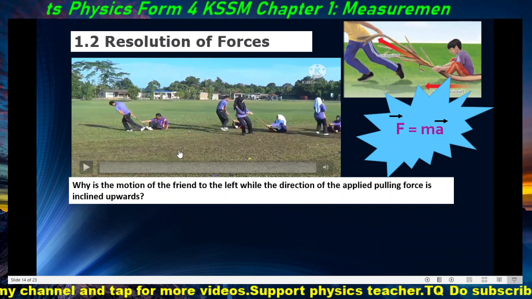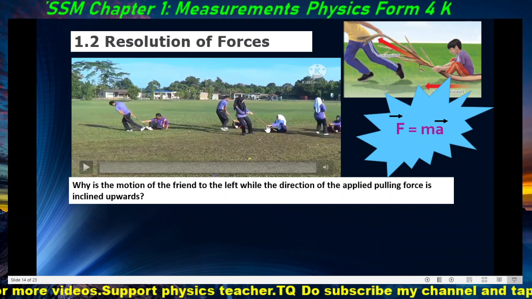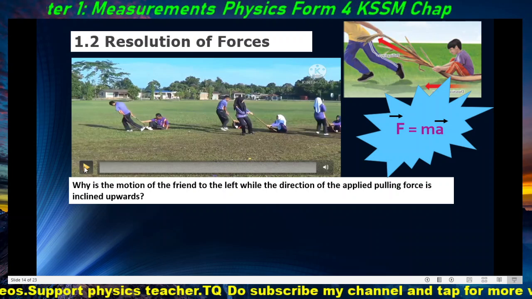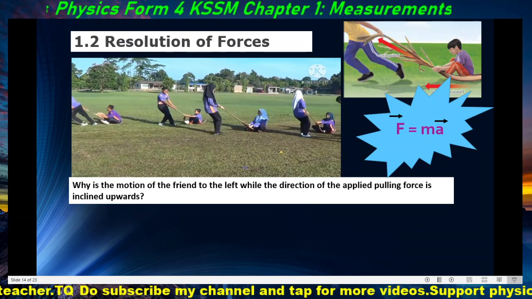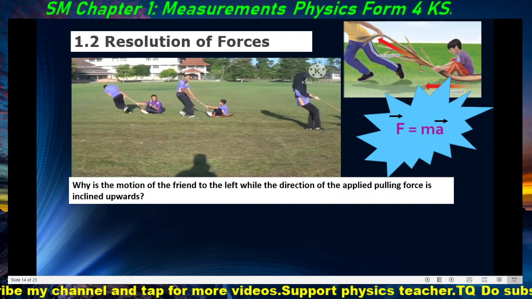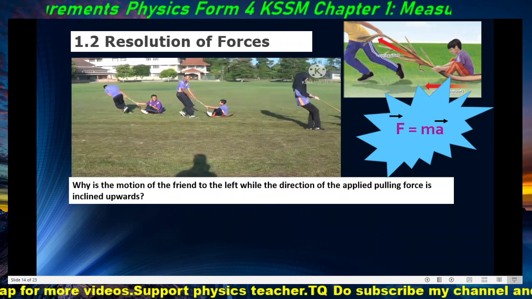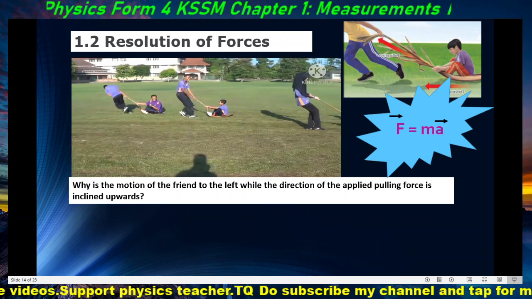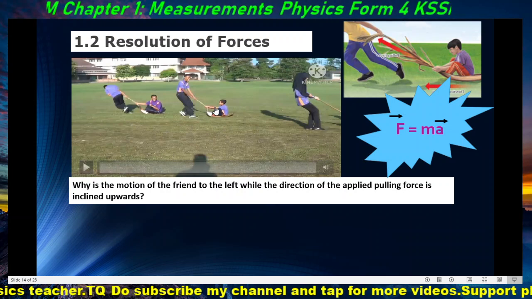So you look at this picture also. To understand the situation, watch this video. This is the tarik upih game. You can refer to the textbook. So in this tarik upih game, you can see the force applied is inclined upwards.